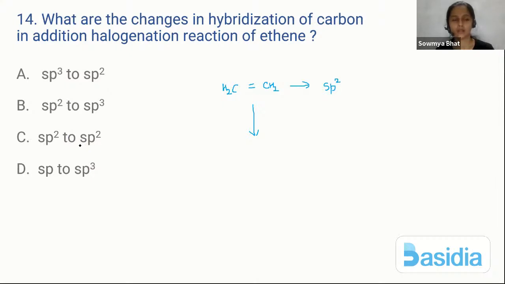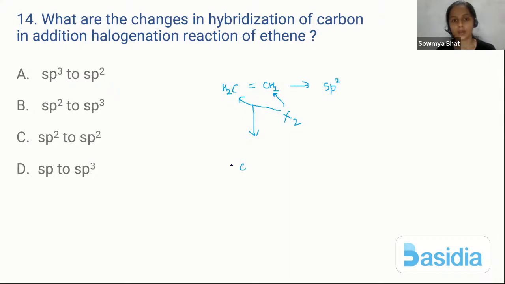Just make use of common sense. There should be some changes when there is an addition reaction; addition means something is getting added. So option C is less likely to be the correct answer. But still, let's see. In halogenation you are going to add some halogen, say X2. One X is going to add here, the other X is going to add here.